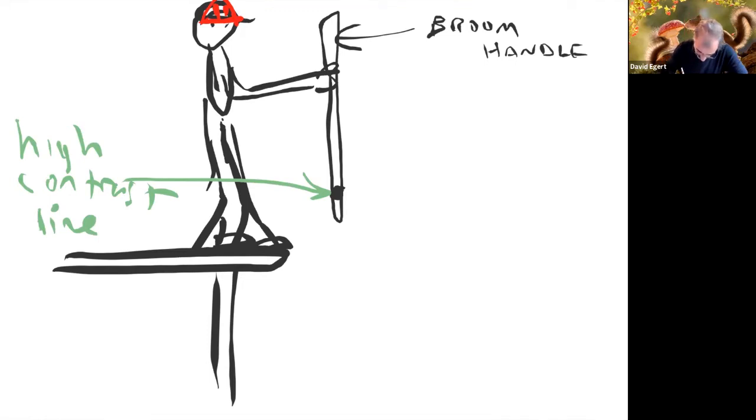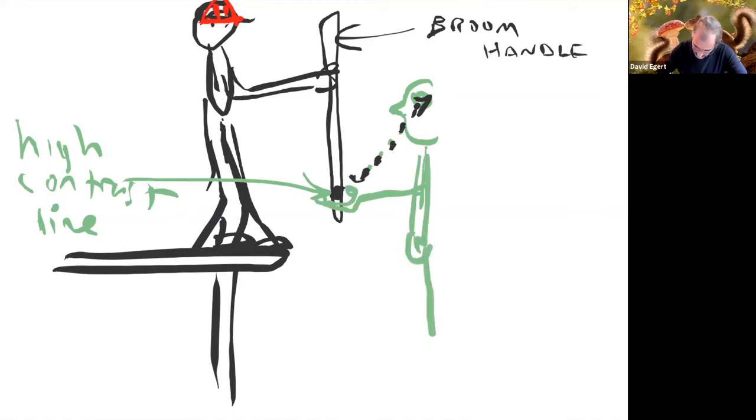And then we have our subject. They're going to be looking at that mark and standing here, their hand kind of ready to go. They're actually standing on the ground.